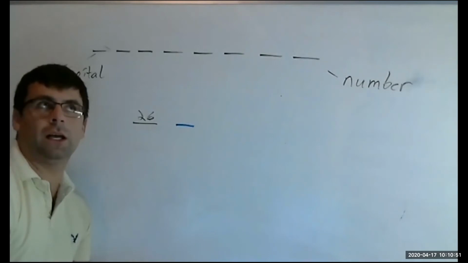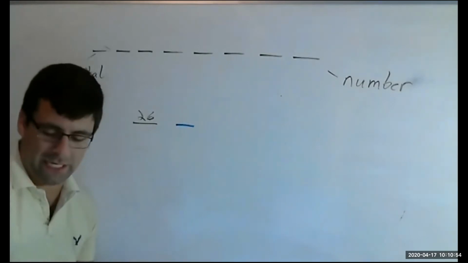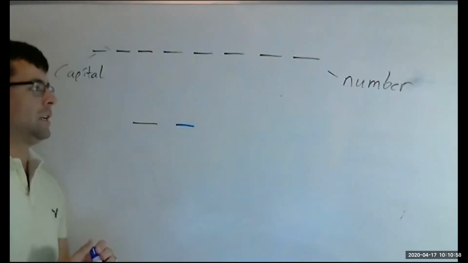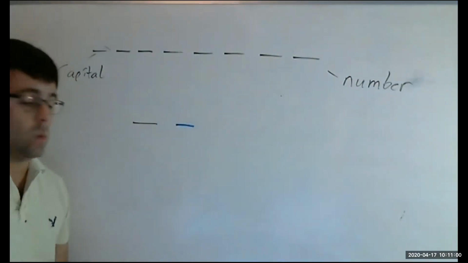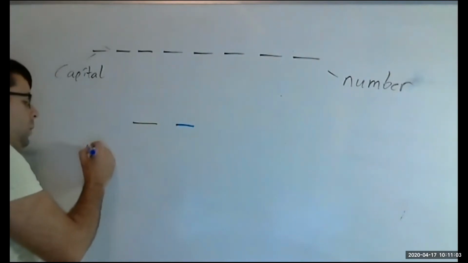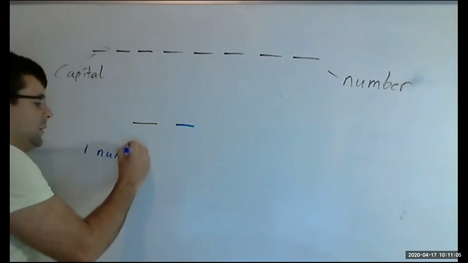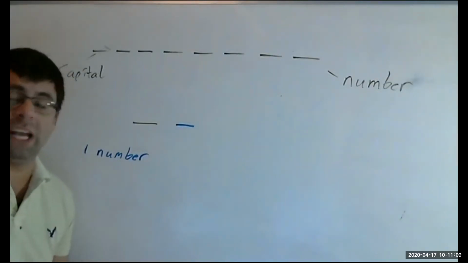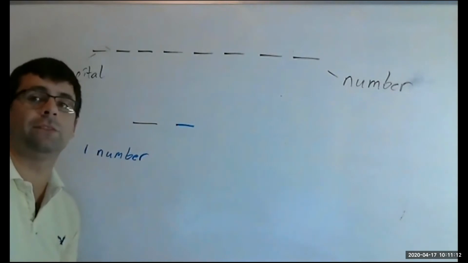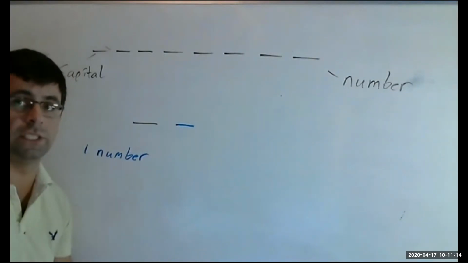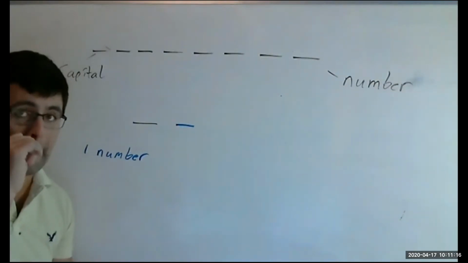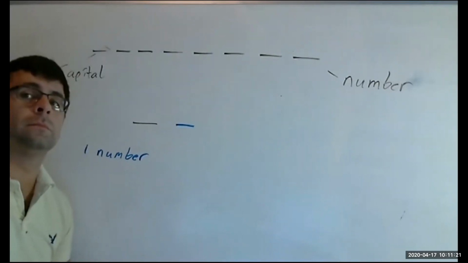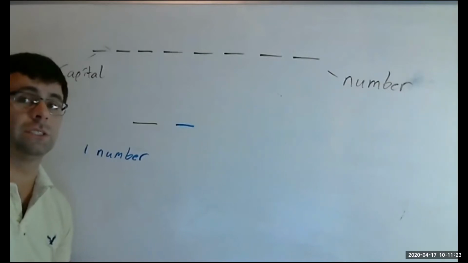So how about we say, if your password is one number, how many total passwords could you have if your password is just a single digit number? It's not a trick question.